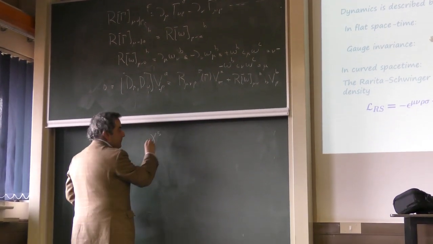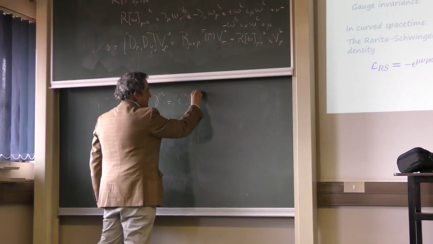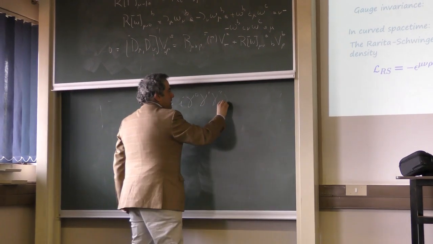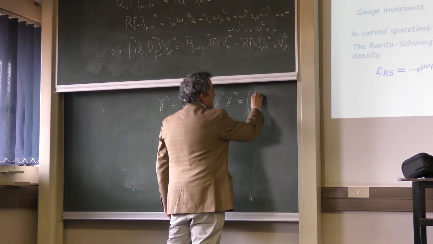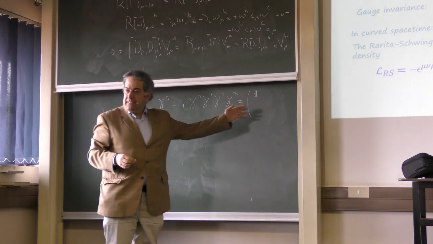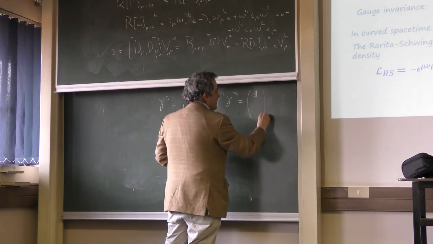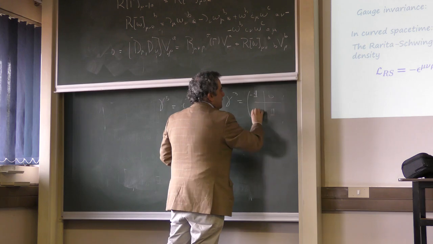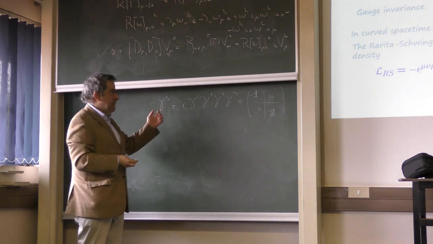Gamma 5 for me is i times gamma 0, gamma 1, gamma 2, gamma 3. And that is equal to, in the basis I'm using, minus 1, 1. I'm using the Dirac basis, the Dirac representation.